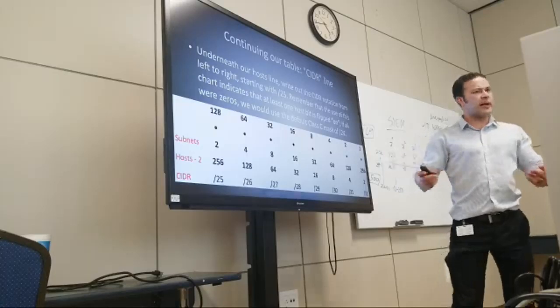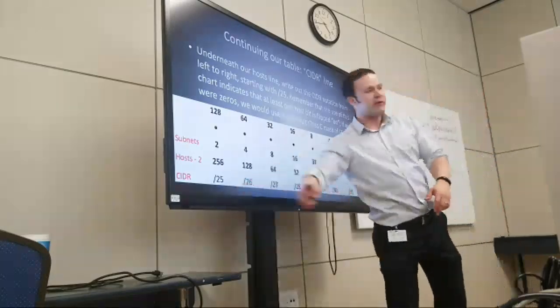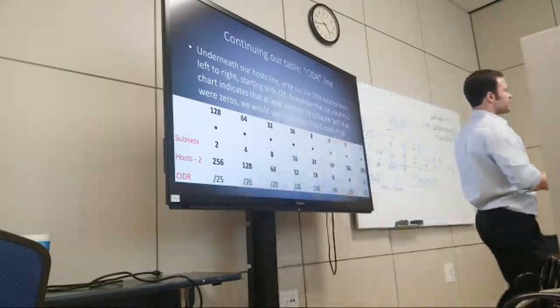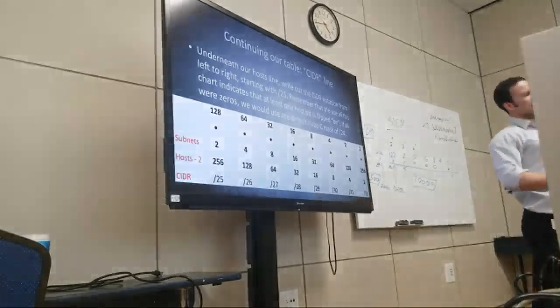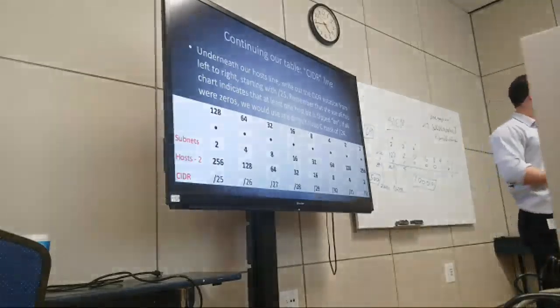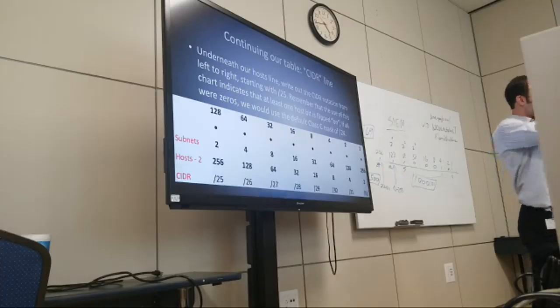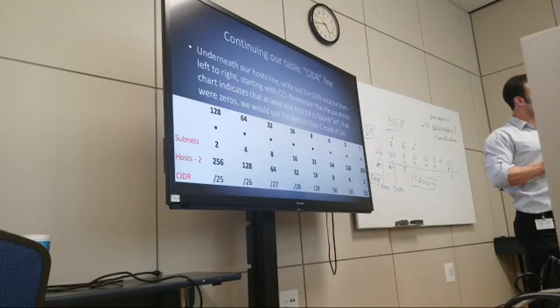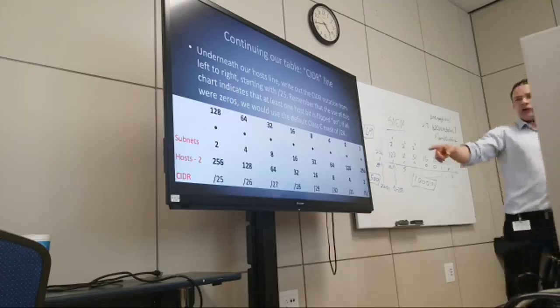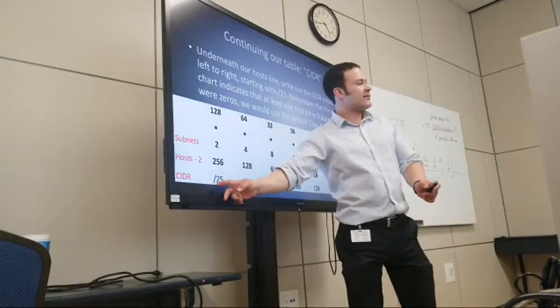Let me ask you this way: why do we start out with /25 right here instead of /24? Again, this is the 4th octet, because we're doing a Class C subnet. Why does this start out with /25 instead of /24?